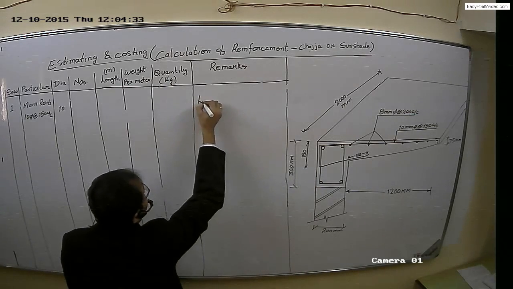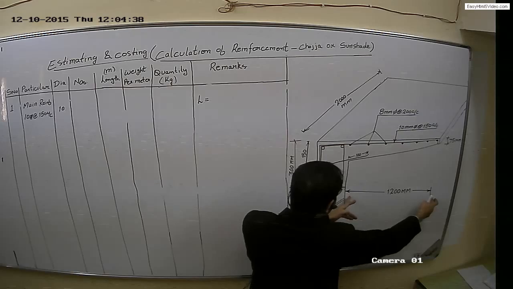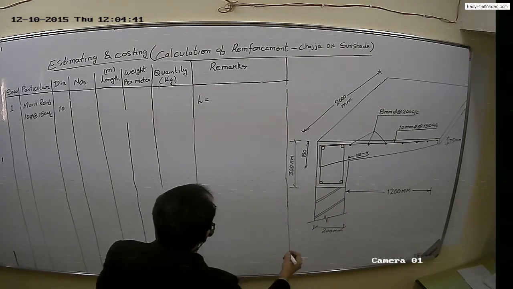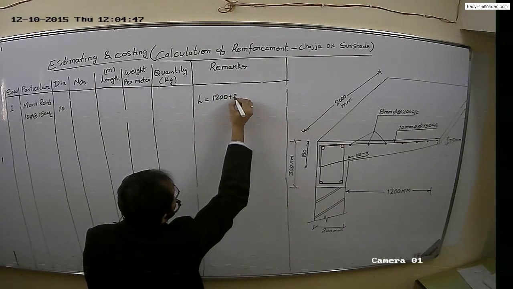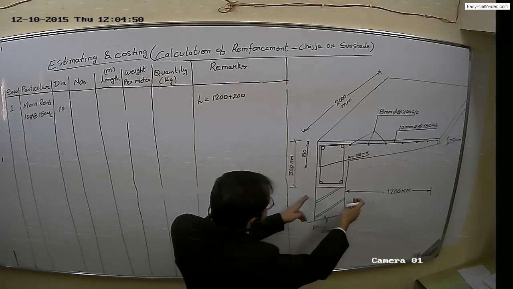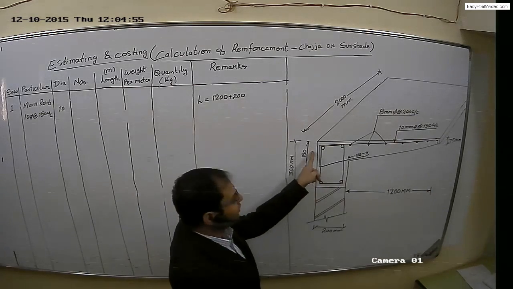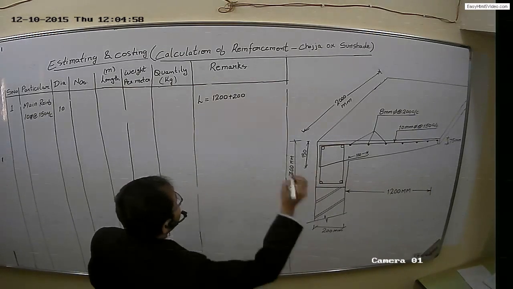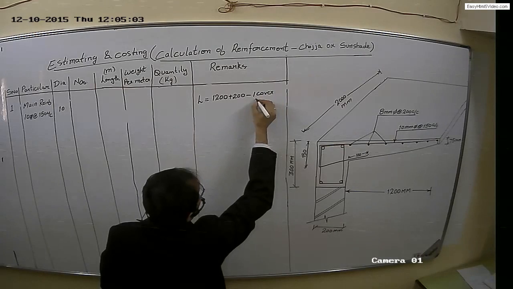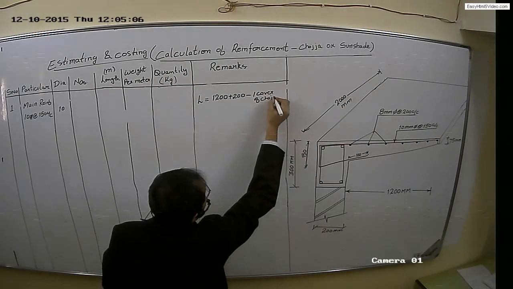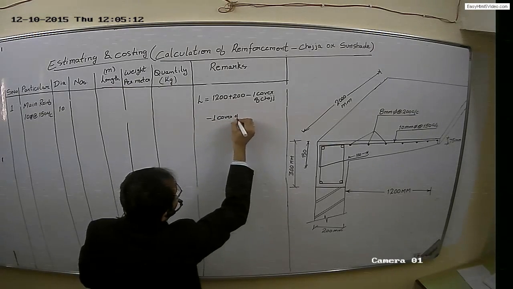So length will be the total span of the Chajja, which is 1200 mm plus 200 mm, then we have to deduct a cover from this Chajja and one cover from this beam, minus one cover of Chajja, minus one cover of beam.